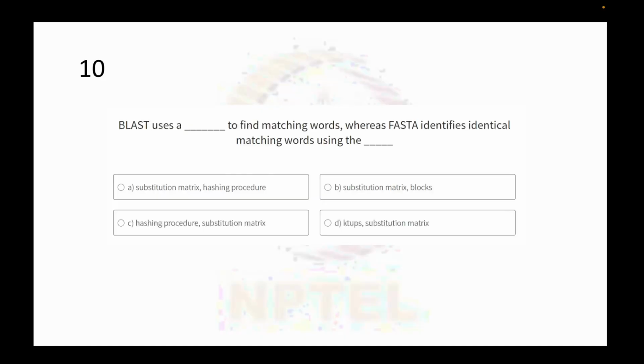Then this is the last question for the day. So BLAST uses what to find matching words, whereas FASTA identifies identical matching words using what?